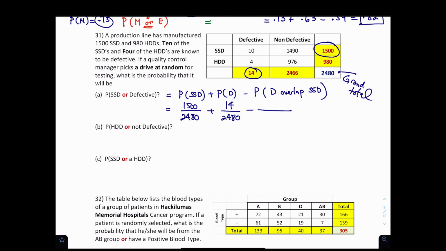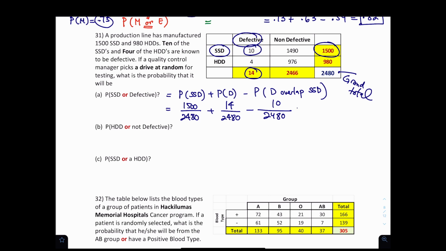And the SSDs that are defective, the overlap, is 10 out of 2480. And those are the defective SSDs.